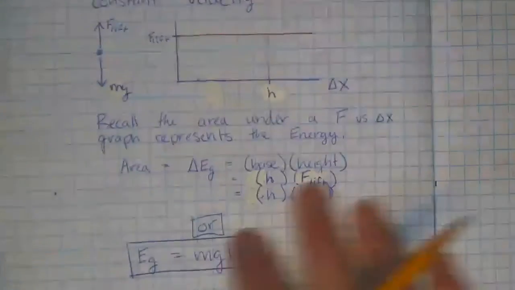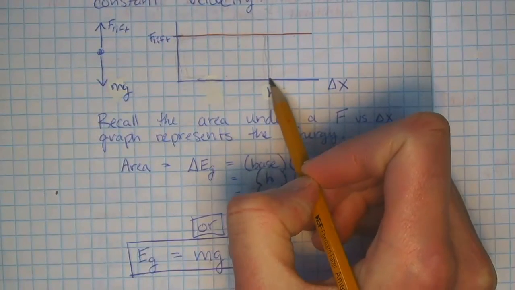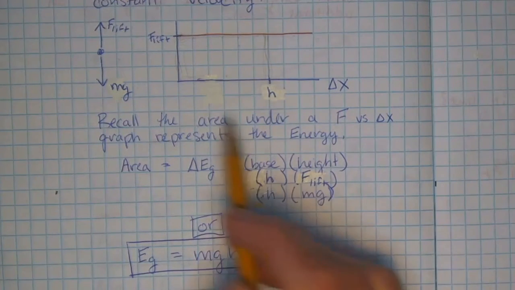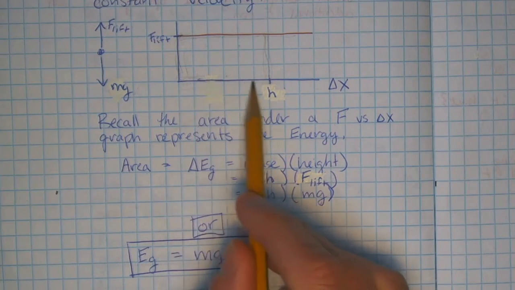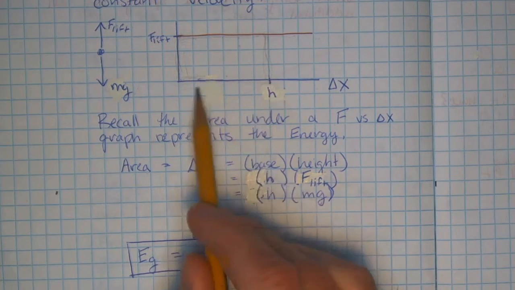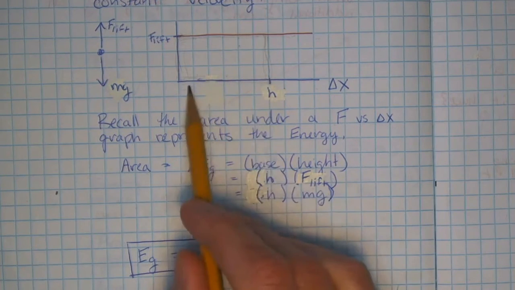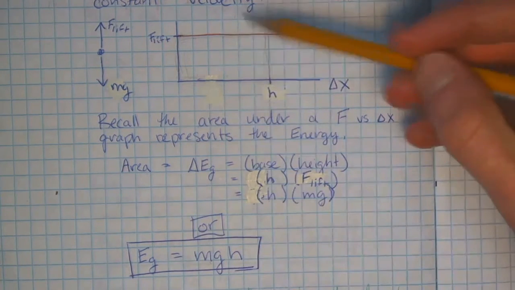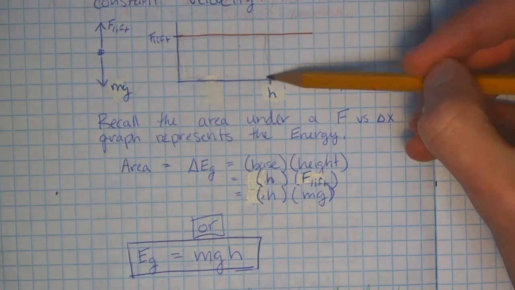But for this one, the area is going to be a rectangle, so it's just base times height. This is kind of confusing, but the base is actually the height, meaning the physical height that you've lifted the thing, and the height of the rectangle is the lift force.